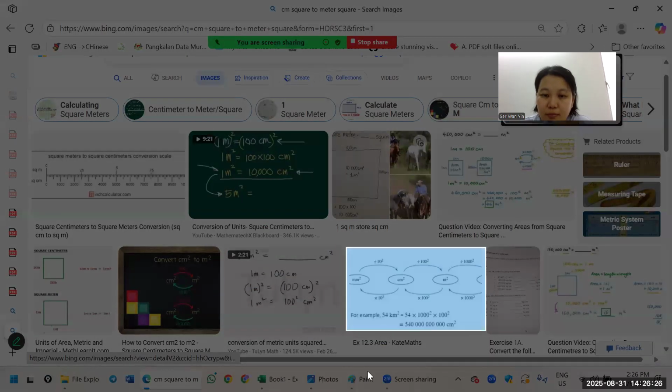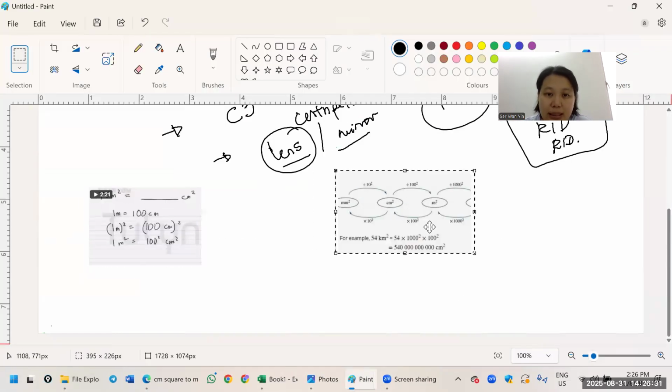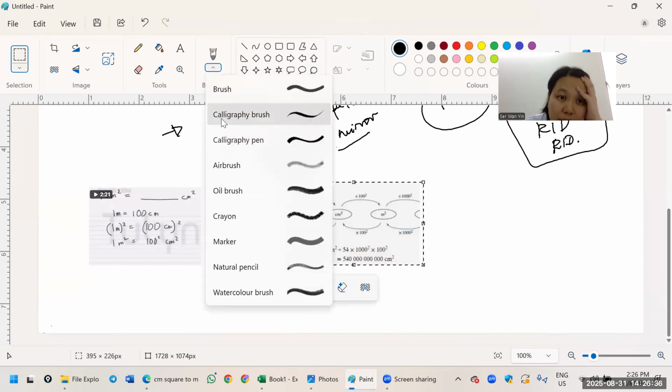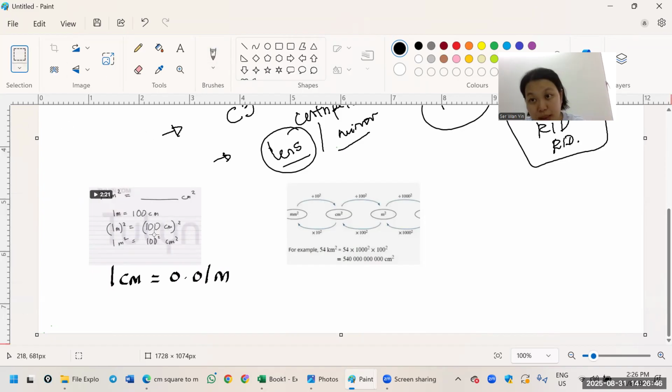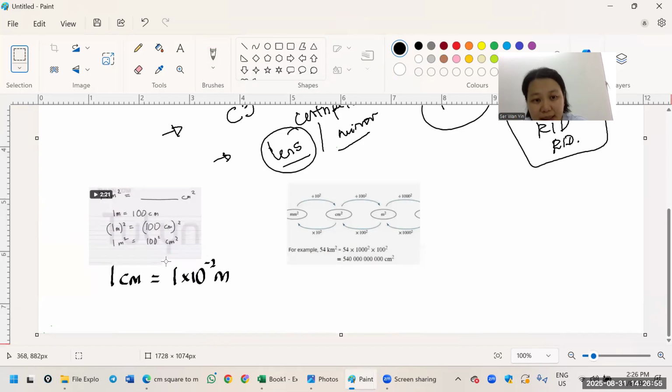There are many ways lah, but I like this way. What is this way? I will say that 1 centimeter equals to 0.01 meter. But we can try to use the prefix form, which is 1 times 10 powers of negative 2, where we can just ignore the 1.